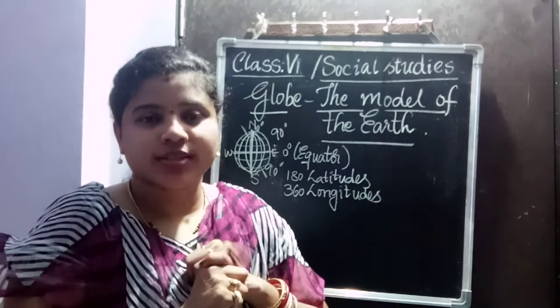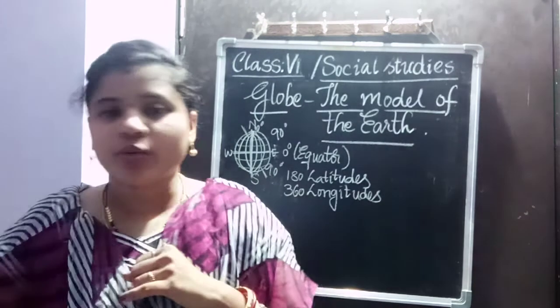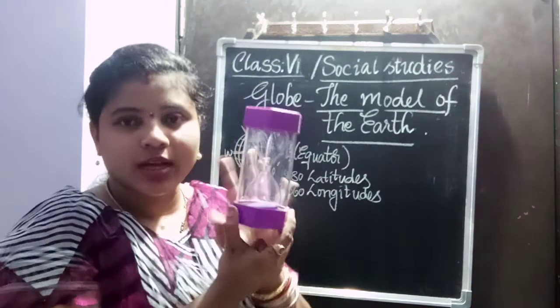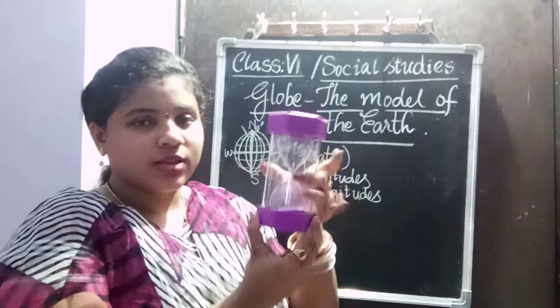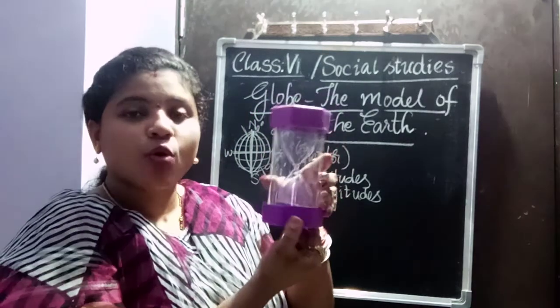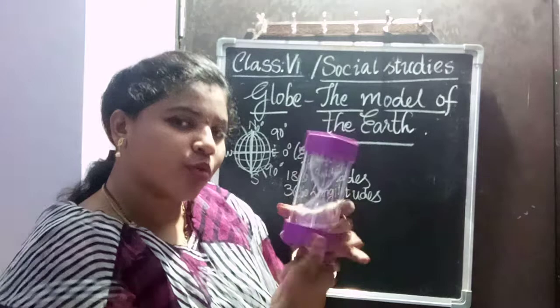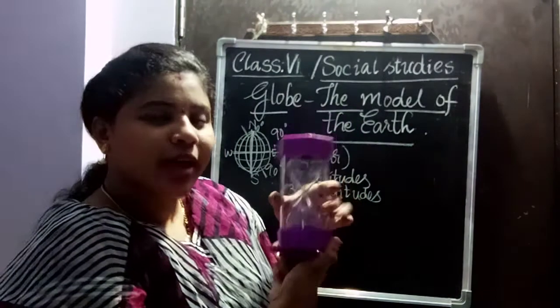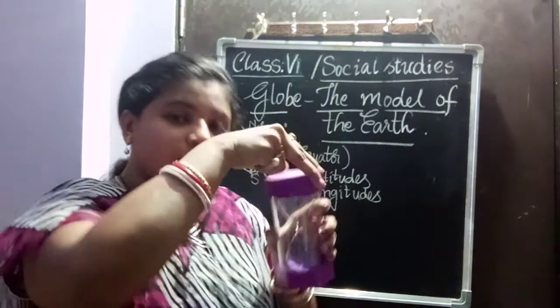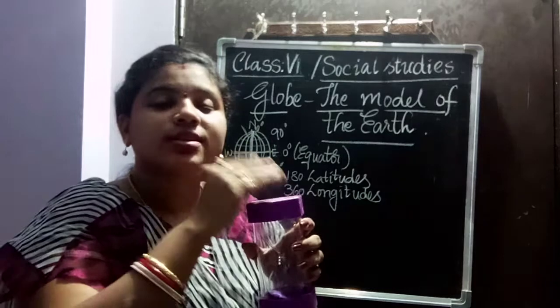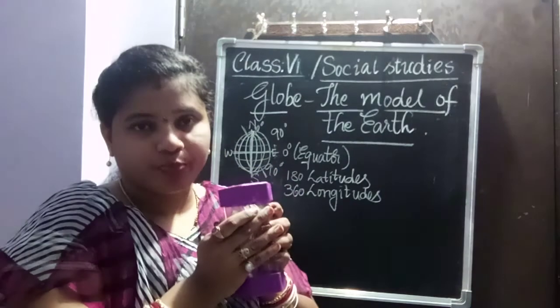What is rotation? For example, if this is the earth, the earth moves on its own axis. When it moves around on its own axis, this movement is known as rotation.